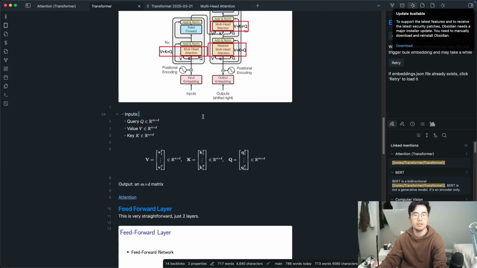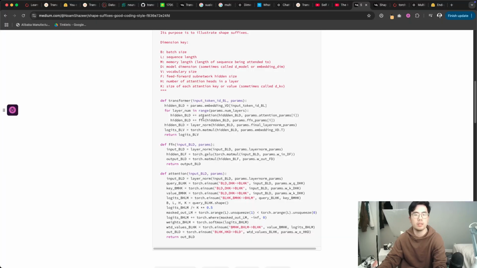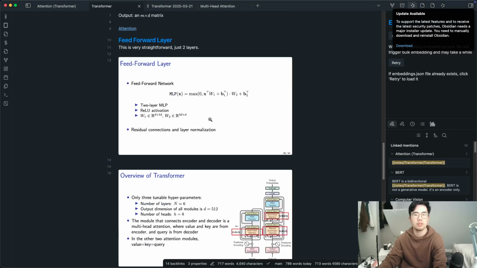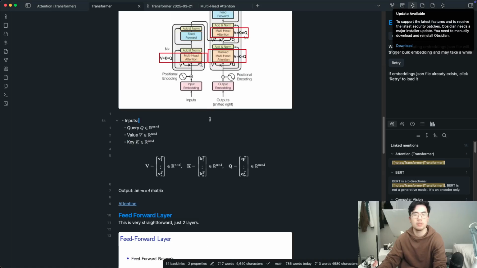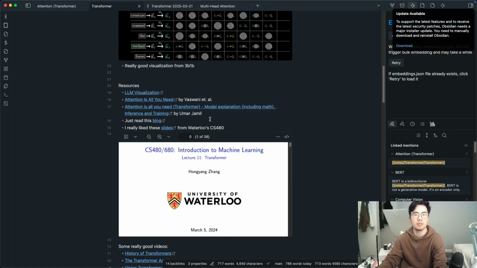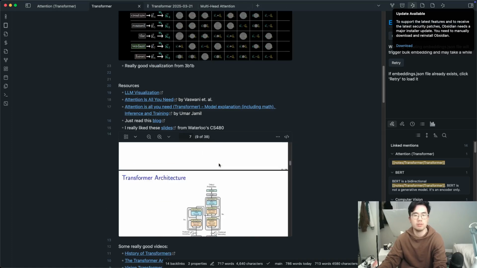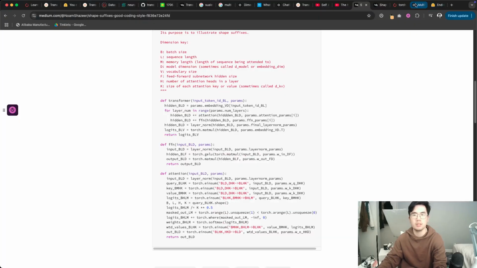I think this right here is terrible. It's nowhere to be found. What does this even mean? It's from here. Is it in the original paper?